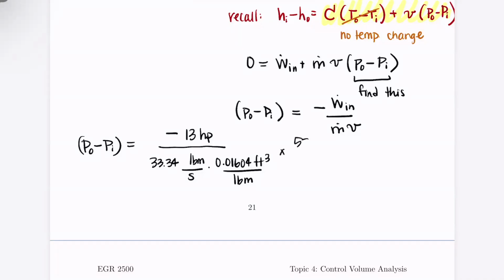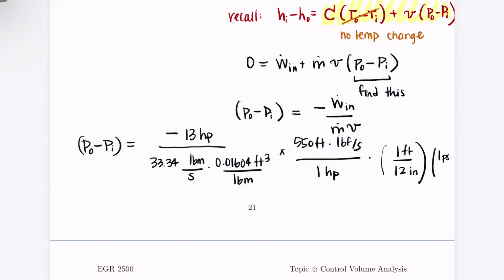I have 550 feet times pounds of force per second is equal to 1 horsepower. And then I also need to convert: 1 foot is 12 inches, and 1 PSI is 1 pound of force per square inch.